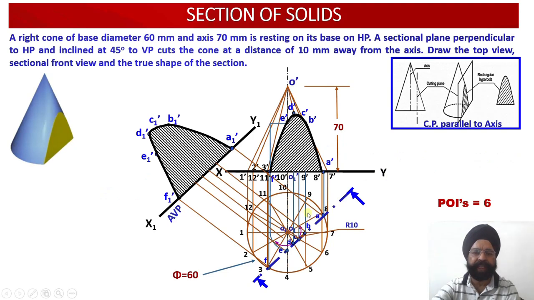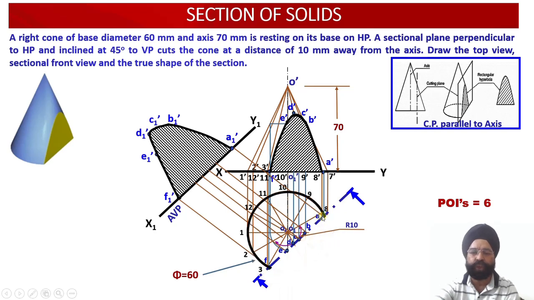Now let us complete the uncut portion of the solid which is visible to us in the top view as well as in the front view. So please check, this portion of the solid has been cut by the cutting plane, and this portion has been discarded because it is no longer required.